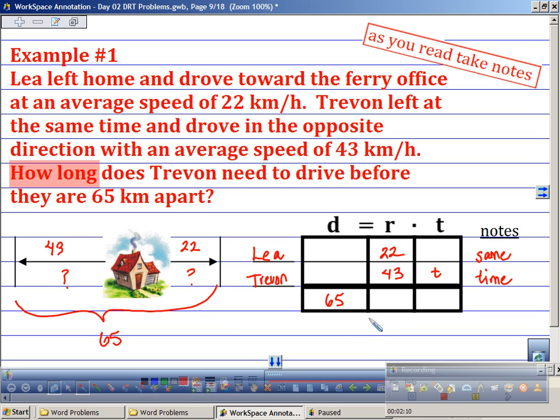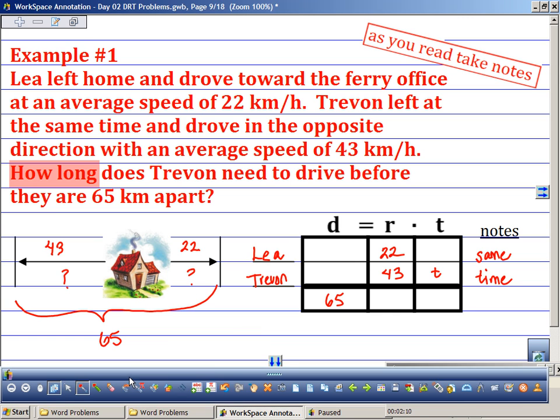Every single problem that you run into will have either an answer here with these 4 boxes filled in, or these 2 boxes will be filled in and these 4 boxes. Those are the only ones we're going to work with. So it's pretty easy. Okay, so the only thing I need to fill in right now to get this whole problem started, I'm only missing 1 box. What is that box?